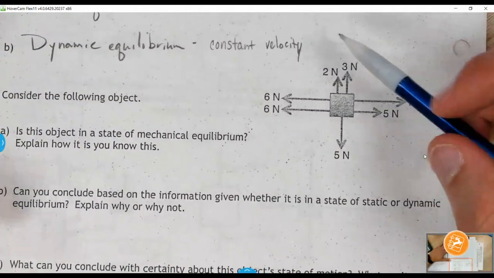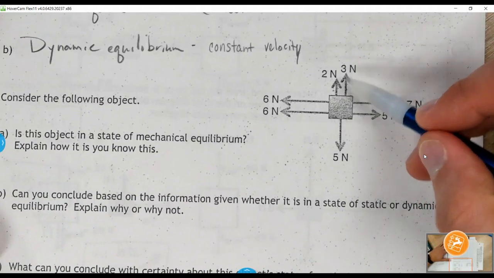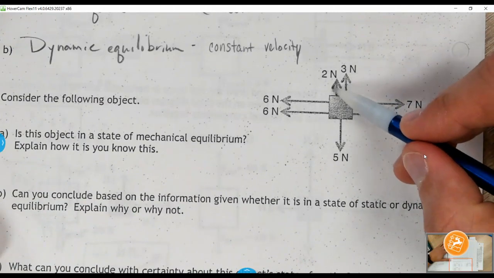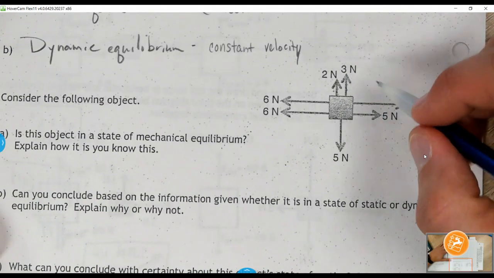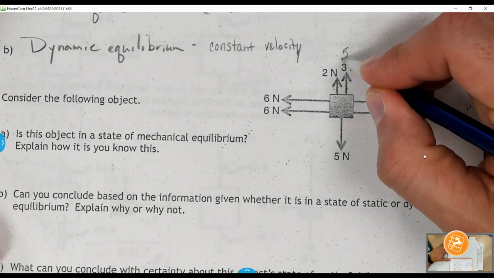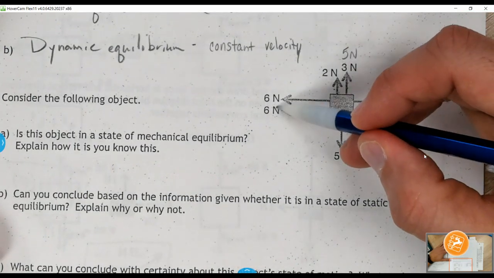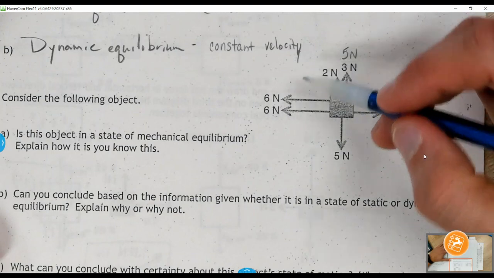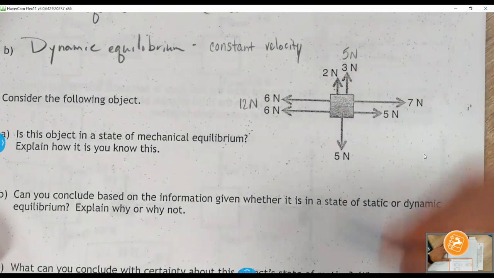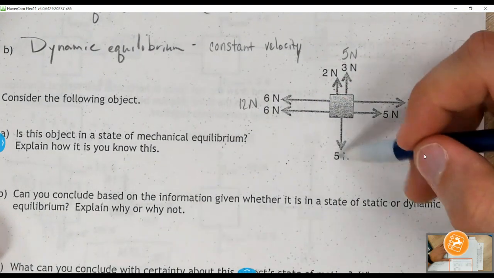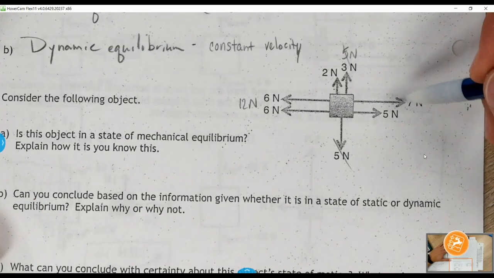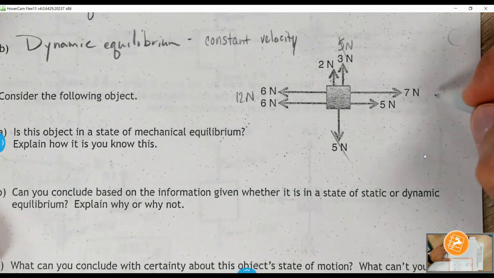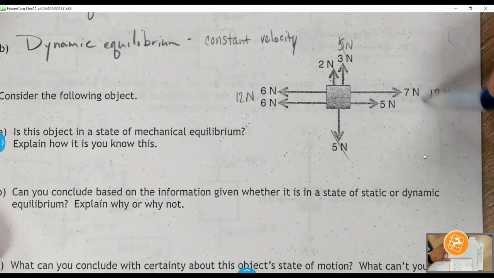Okay, look at this object. What is my net force going up? 2 plus 3, same direction we add. So we got 5 going up. 6 plus 6, what is that? So I'd have 12 to the left. How much do I have going down? So 5 up and 5 down, they balance. 7 plus 5 is how much? 12. So you have 12 left and 12 right.